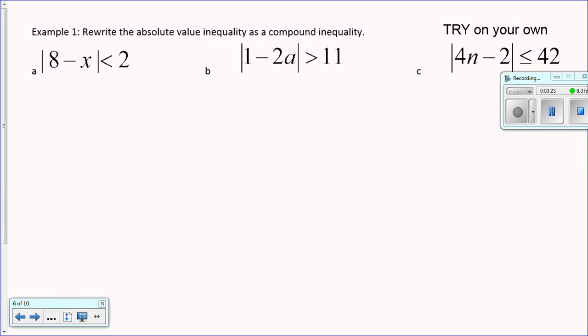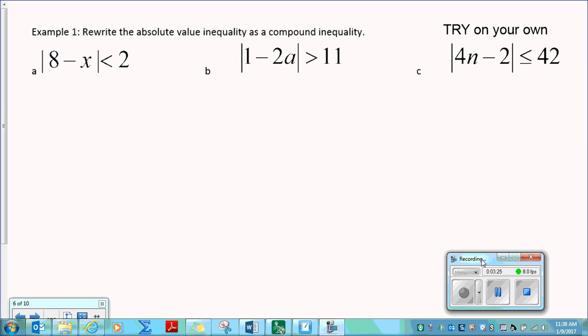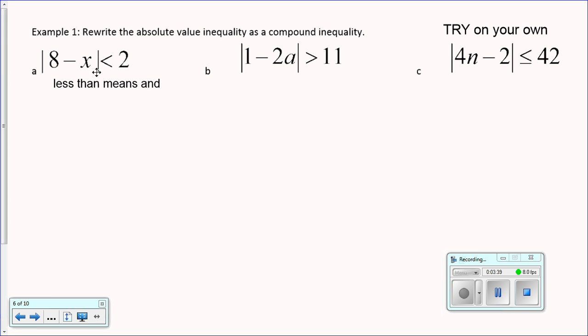Alright. So right now we're going to try on our own to rewrite the absolute value inequality as a compound inequality. Looking at A, we have a less than symbol. Remember, a less than symbol means it's an and statement. For the first one, I've got 8 minus x, because that's what's inside the absolute value.